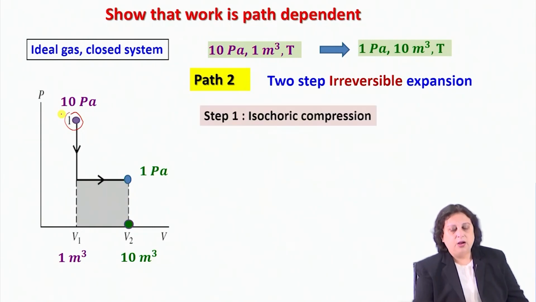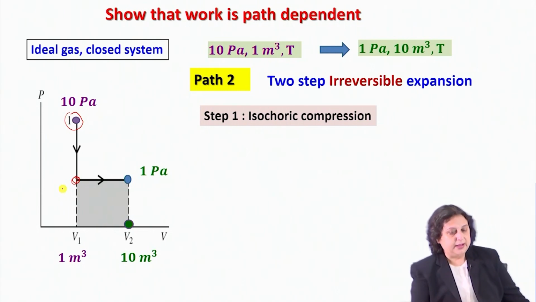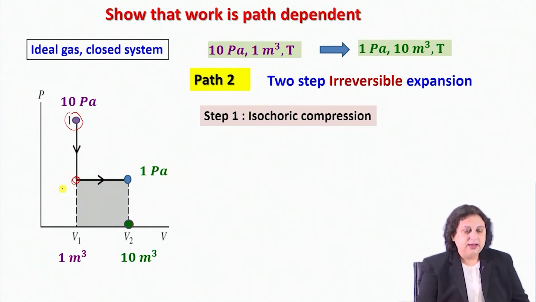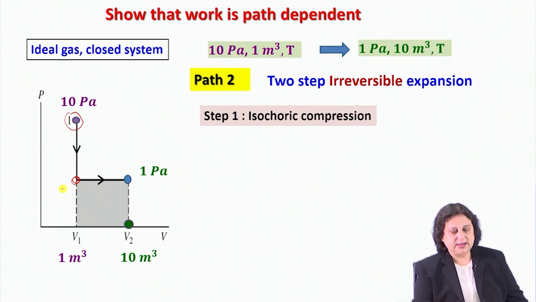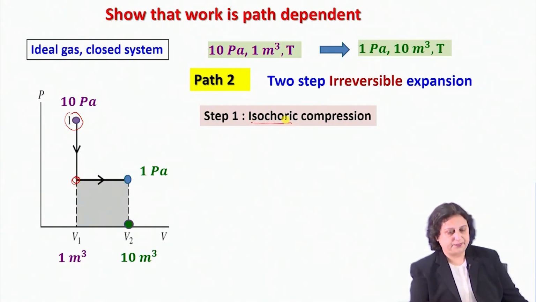And then I do an isochoric compression, and therefore I come from this point to this point, whereby the pressure of the gas decreases to 1 Pascal. And its volume remains constant, and that's the reason why I call it an isochoric compression.